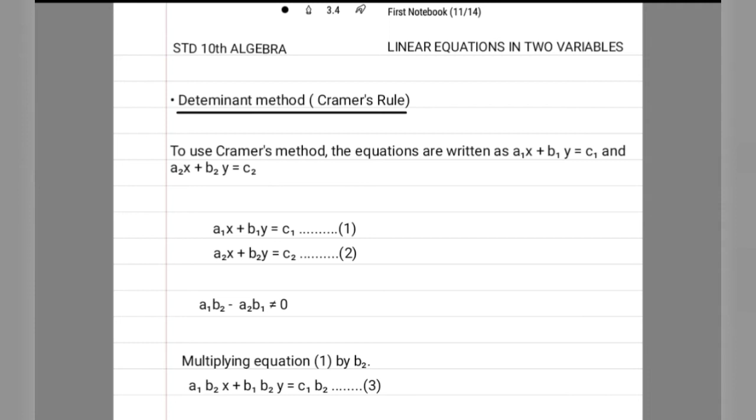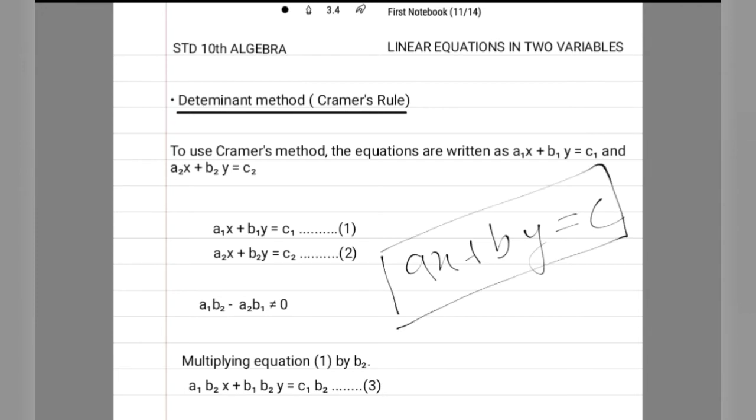So let's see. Now the first condition for solving it by Cramer's method is that the given equations should be written in the form of ax plus by is equal to c. Remember this thing, that the given equations should be written in the form of ax plus by is equal to c.